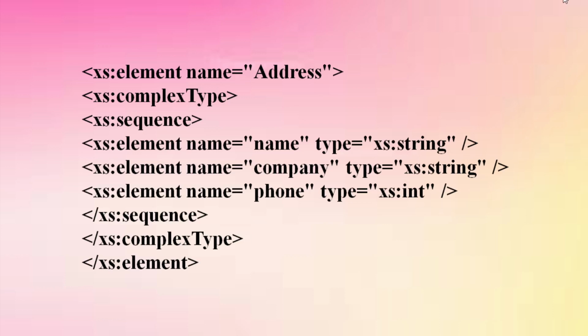See the example for this complex type. A complex type needs a sequence. So first we have to specify the XML schema type as complexType, with the initial line being the element name equals address.